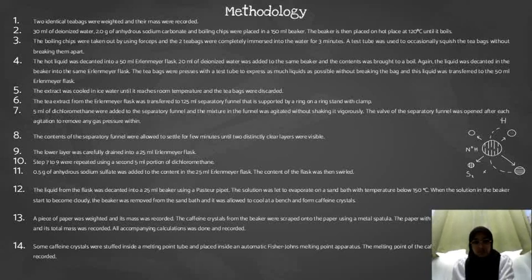After that, 5 ml of dichloromethane was added to the separatory funnel, and the mixture in the funnel was agitated without shaking it vigorously. The valve of the separatory funnel was opened after each agitation to release any gas pressure.